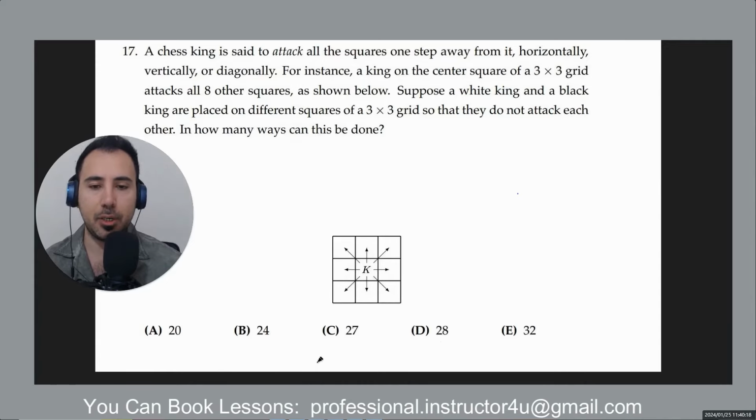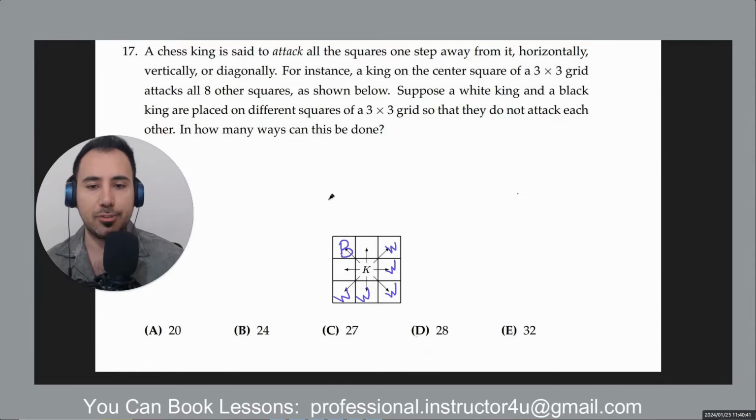The black king, I'm going to call B, and the white king, I'm going to call W. If I place B on a corner, the white king cannot be here, here, or here. So the white king can be here, here, here, here, here.